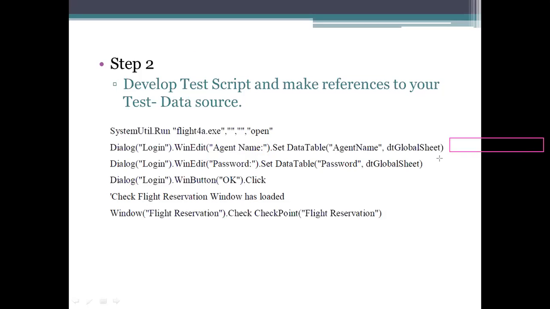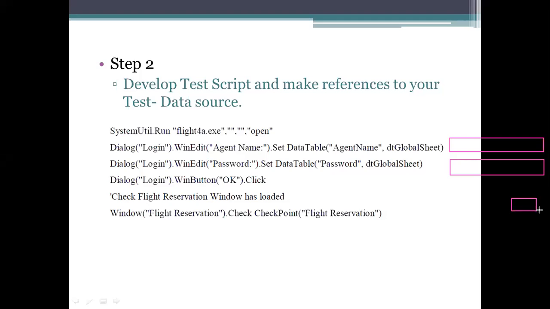And coming to the next one, password. The password is also an editable one, so it should be given as a text area where we enter the data. And coming to the next one, which is a button, the action performed here is clicking.